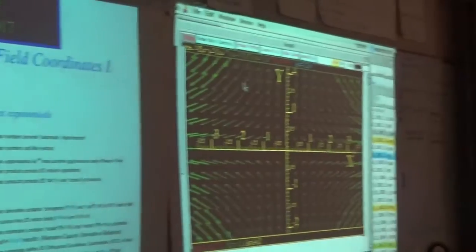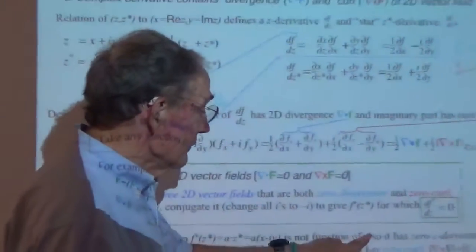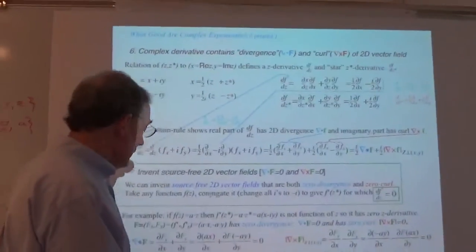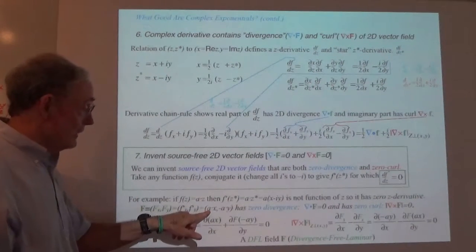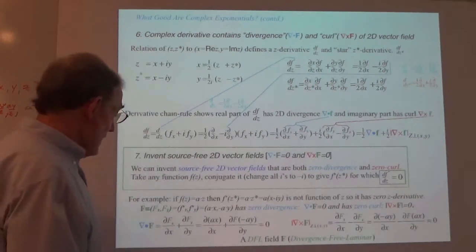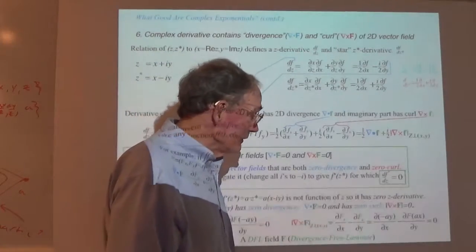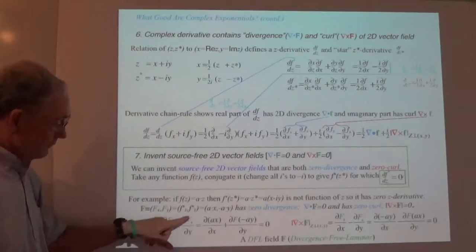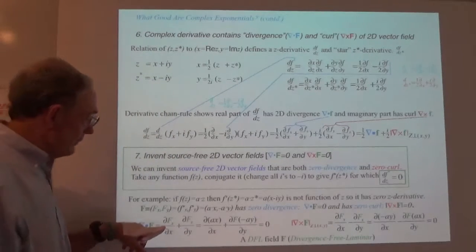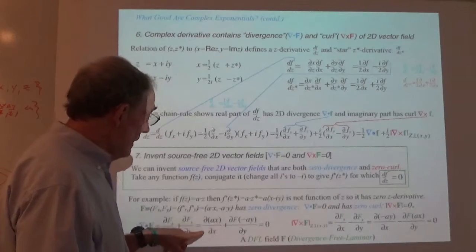So this thing is, by definition, not a function of z. So it has to have a 0 z derivative. That means that the real part of that is 0, and the imaginary part, the curl part of it, is 0. Sure enough, divergence, just from your own knowledge, is the sum of partial fx with respect to x and partial fy with respect to y.